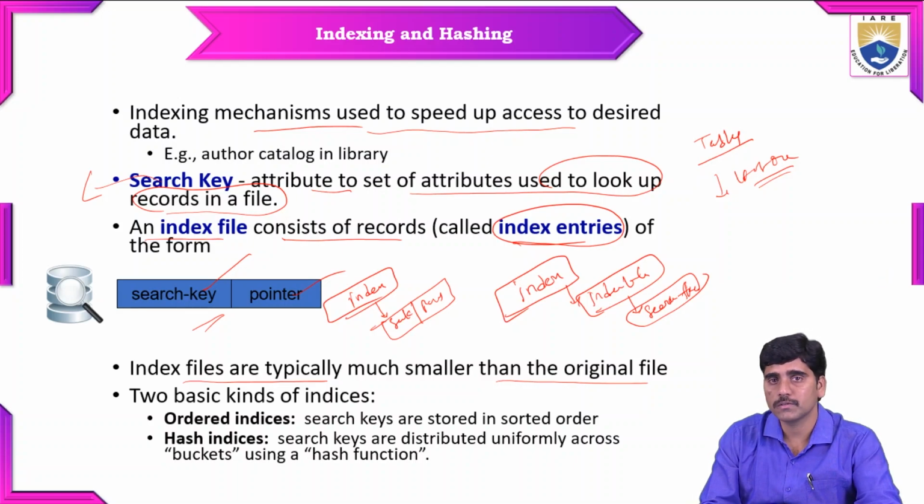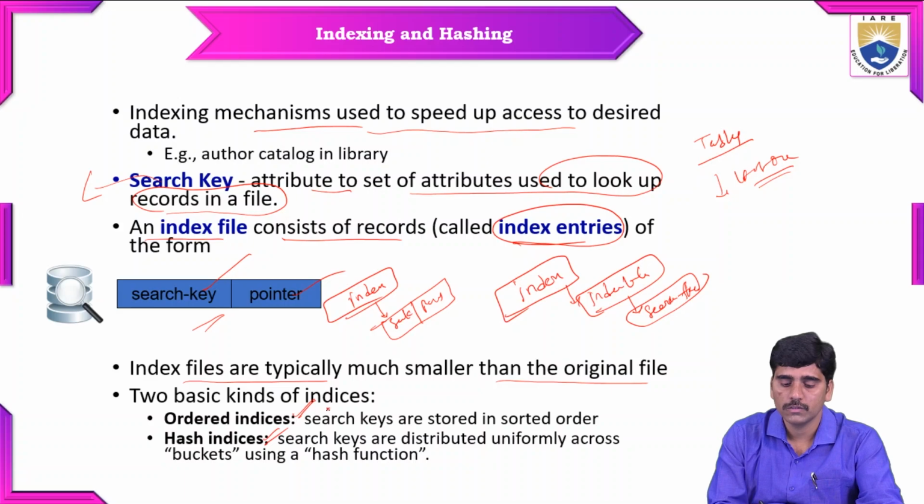There are two types of indices: ordered indices and hash indices. Ordered indices are those where search keys are stored in sorted order.